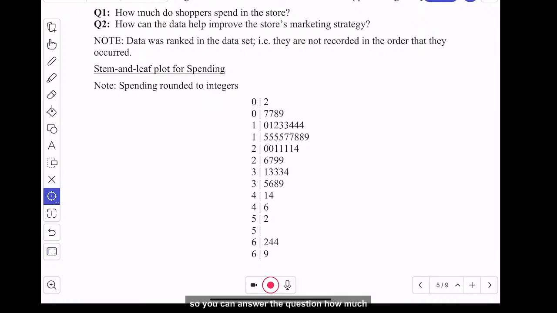So you can answer the question how much shoppers spend in a store by summarizing what is seen in this graph. This is known as a stem and leaf or a split stem and leaf graph. This is the first digit and this is the second digit. And I put all the data here. And I've rounded, just assume this is all the data, and they've been rounded to integer values.